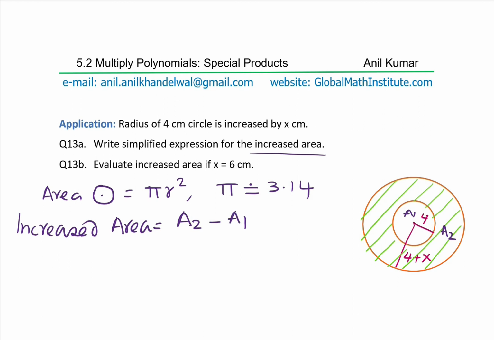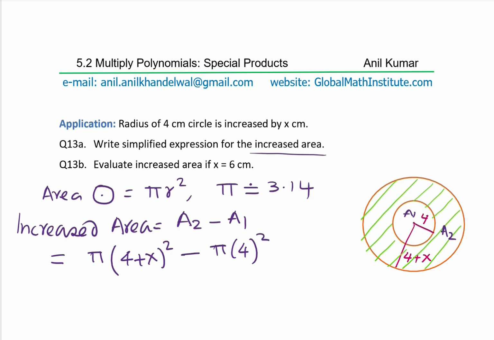And as we know, the change is the difference of these two, and the formula is pi r square. Well, that is difference of squares, right? So we could write this as pi times, the radius in the second case is 4 plus x whole square, minus, in the first case it is just 4 squared. So we get our formula, and that is it.